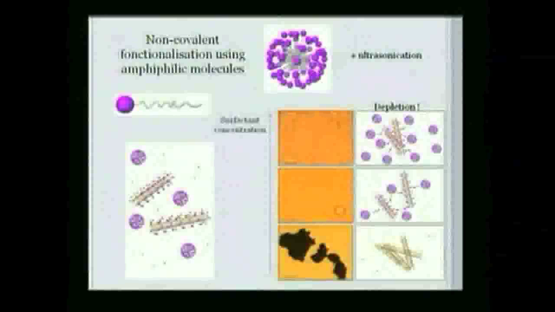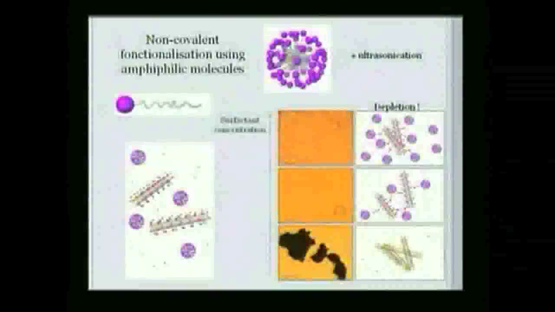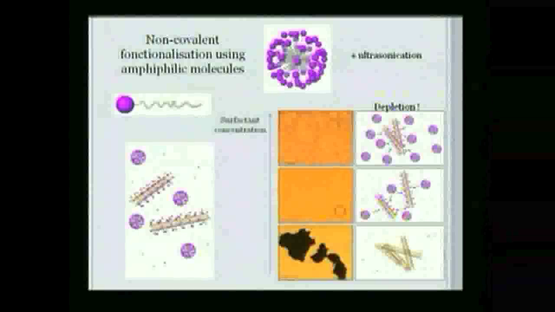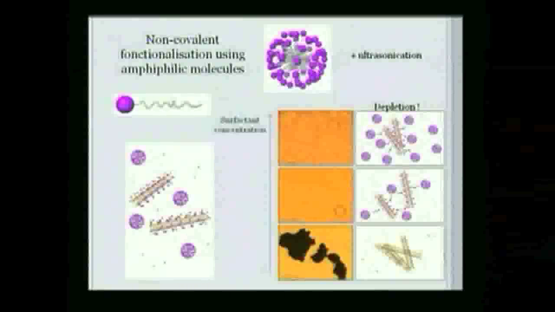What do you do? You put your nanotubes into water, and you add surfactant into this solution above the CMC. Then the surfactant will adsorb onto the surface of carbon nanotubes.